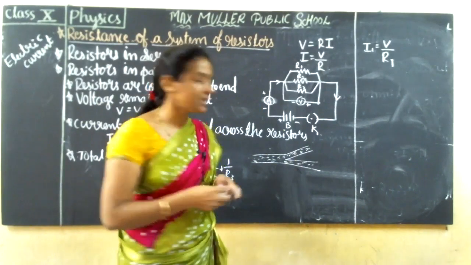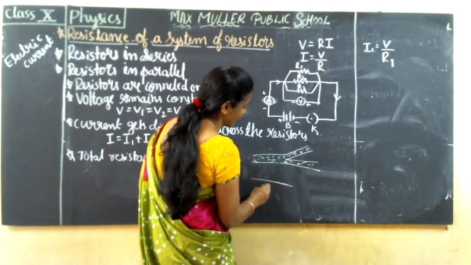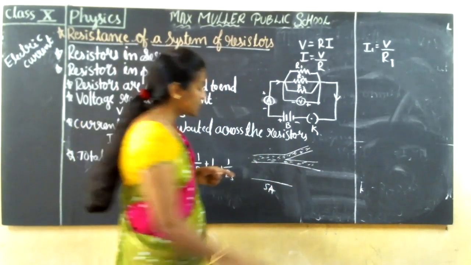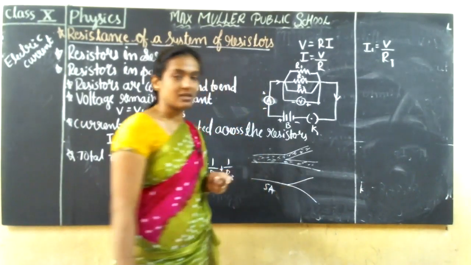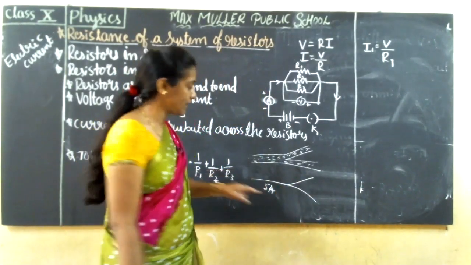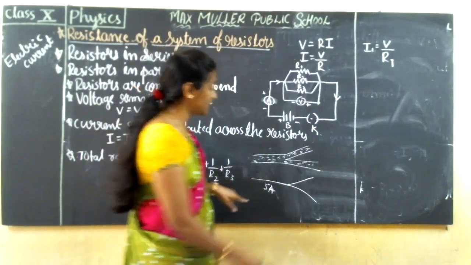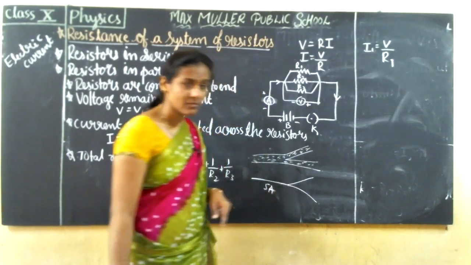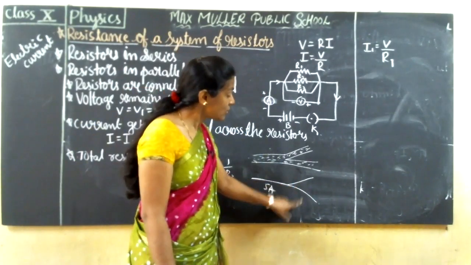It means what here? See, one wire is there. Think that 5 ampere of current is flowing in this wire. Then for this same wire you are going to connect two wires. What happens when you connect these two wires? Yes, the current is going to distribute here.